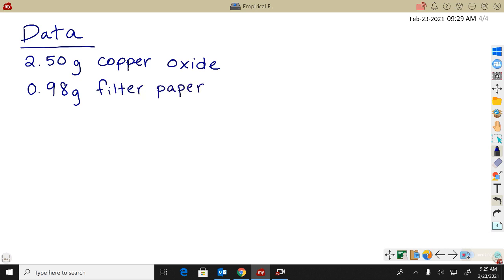So we masked the filter paper alone, and then after the copper and filter paper were dried, I masked them again and got a mass of 2.95 grams. So that was copper plus filter paper.